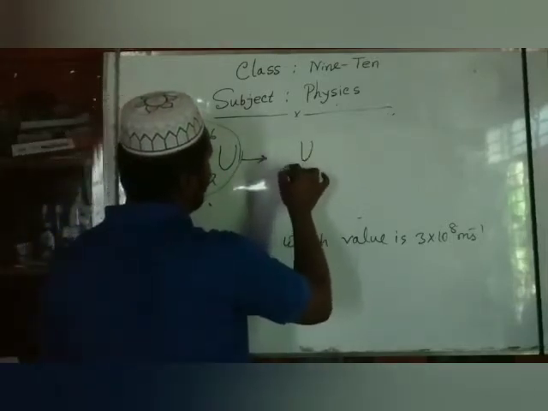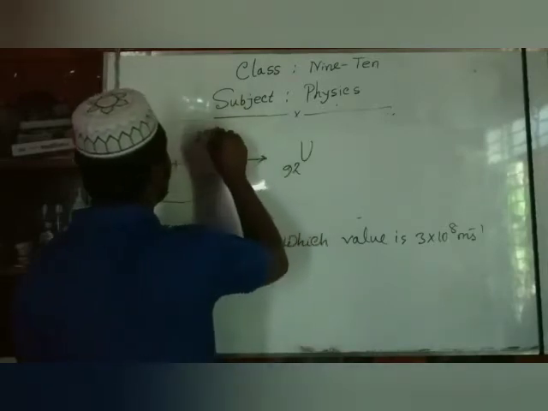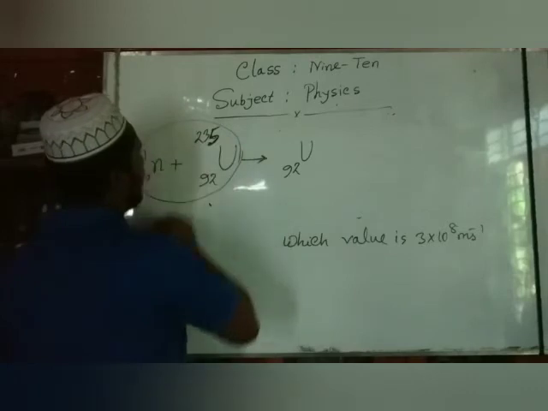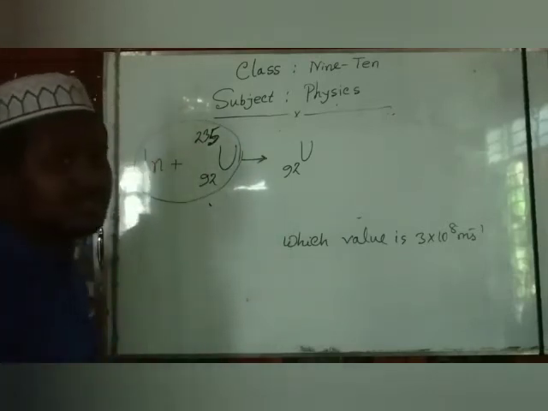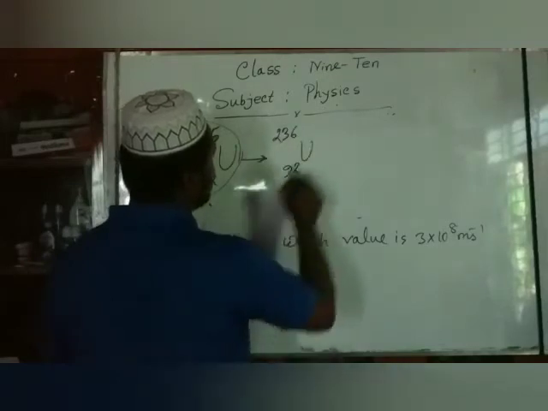That means uranium 235, when it is excited, gets the number 236.